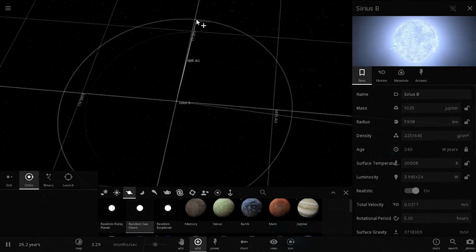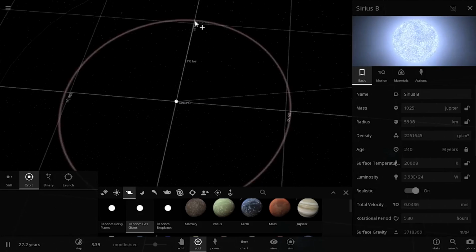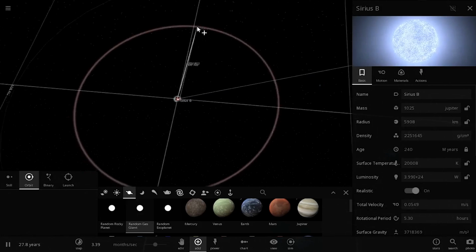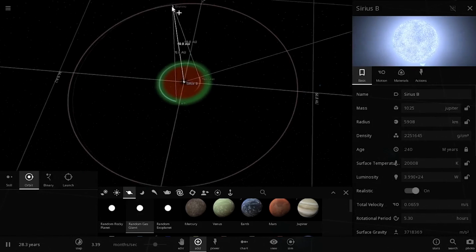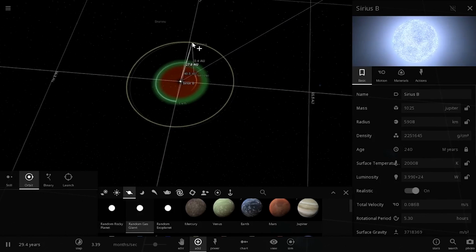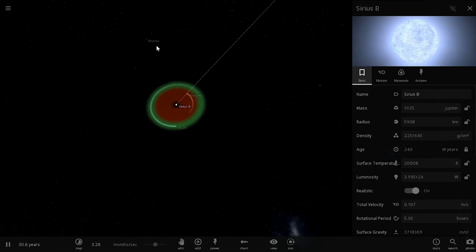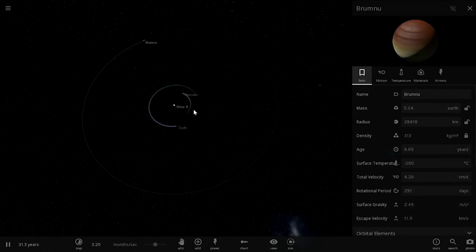Say, hold on, there's a planet that's... Well, something shot it all the way out there. Anyway. Let's put this out here. Alright. So we got a gas giant out there, which will get cold.